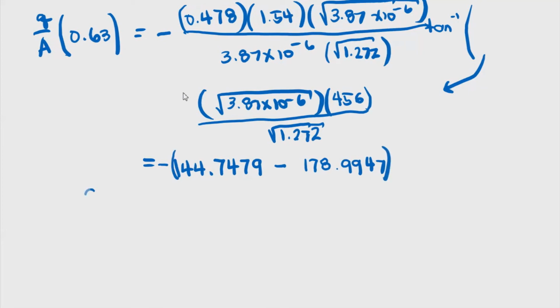So, in that case, we have Q over A. This is equal to the difference dun sa dalawang yon. So, it must be negative. And then, magiging negative pa ulit. So, magiging positive na. 34.242468.